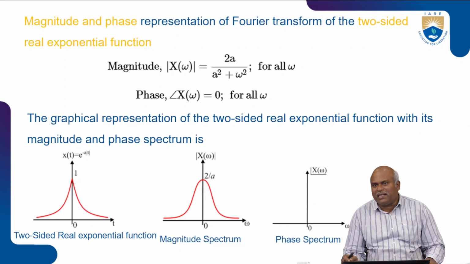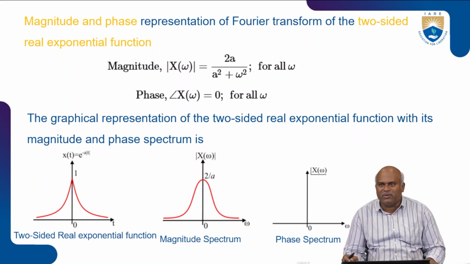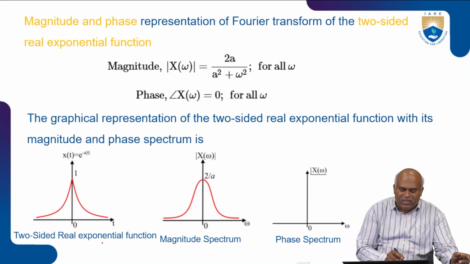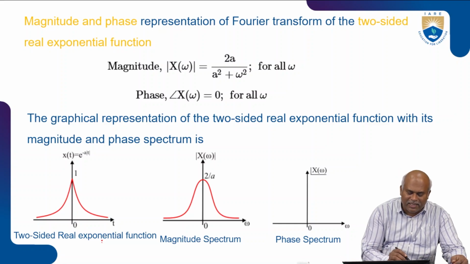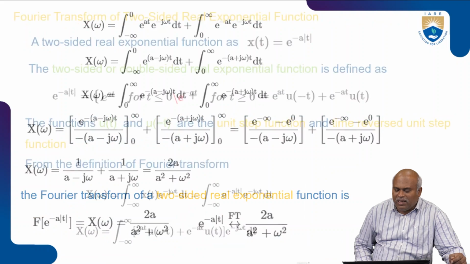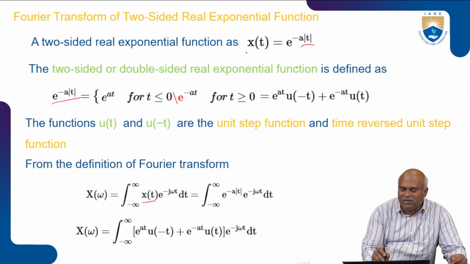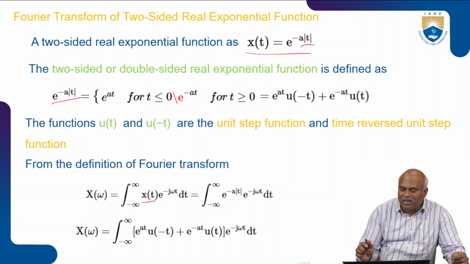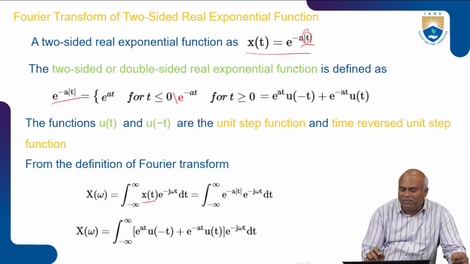The graphical representation of the two-side real exponential function with its magnitude and phase response: for the real exponential function, I should write here that the maximum amplitude is equal to 1. Why? Because in our case x of t is equal to e power minus a mod of t, which is represented by e power a t u of minus t plus e power minus a t u of t.